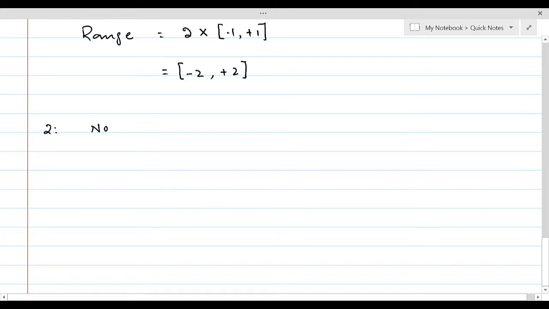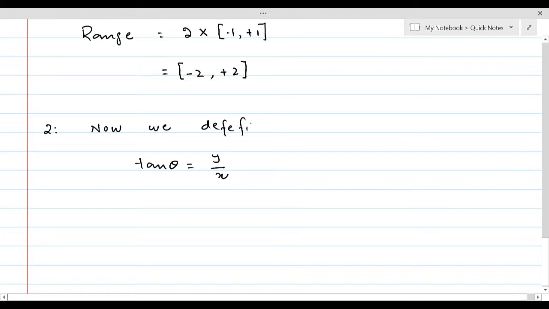Now we define another function, which is tan theta in terms of x and y, which is equal to y over x.